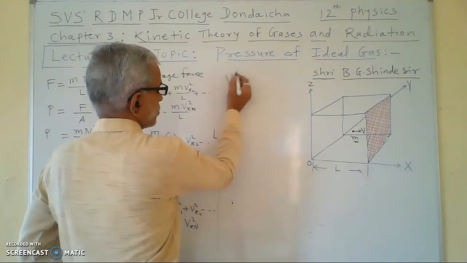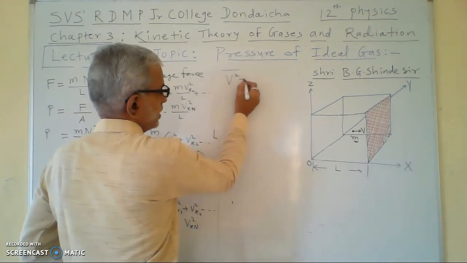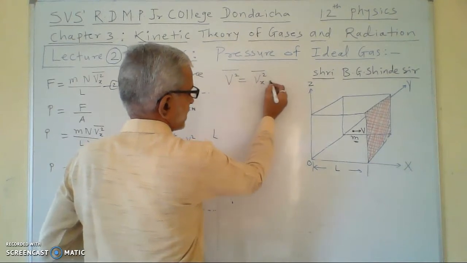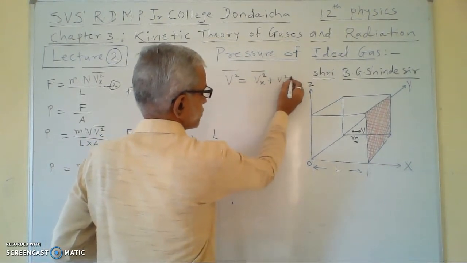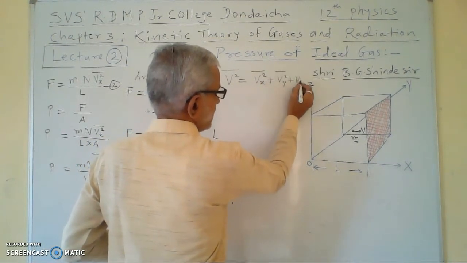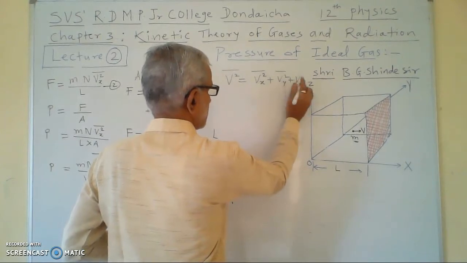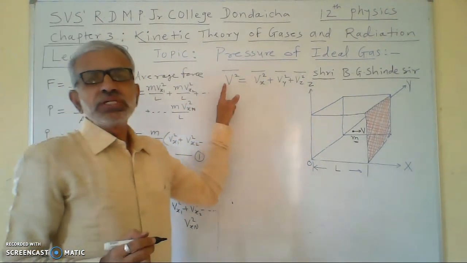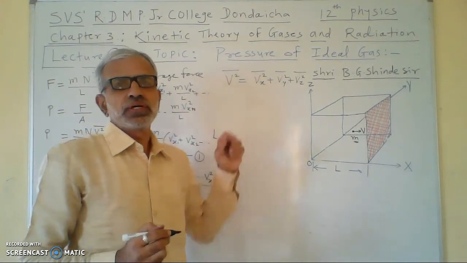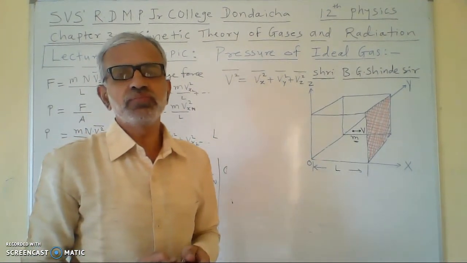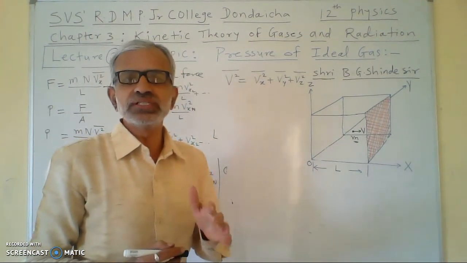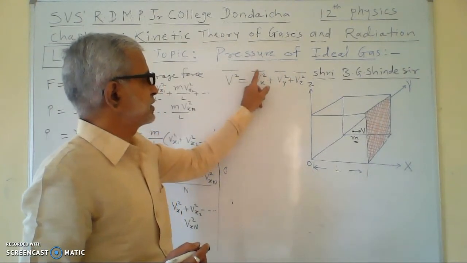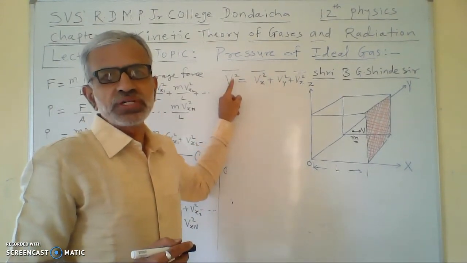So the average of the square is equal to Vx square bar plus Vy square bar plus Vz square bar. The velocity of the gas molecule is given by Vx square plus Vy square plus Vz square, and this bar, this line, indicates the average.